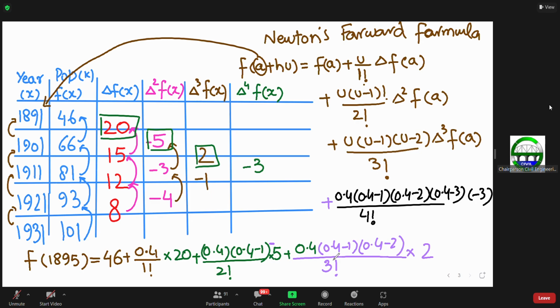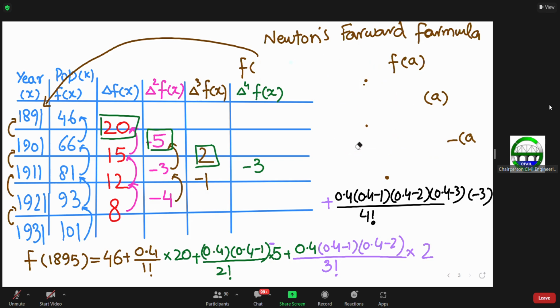So is it clear to everyone? You can please calculate one by one. Let it be 46. I will just remove this particular formula, and please try to solve this and tell me the answer from each term one by one.